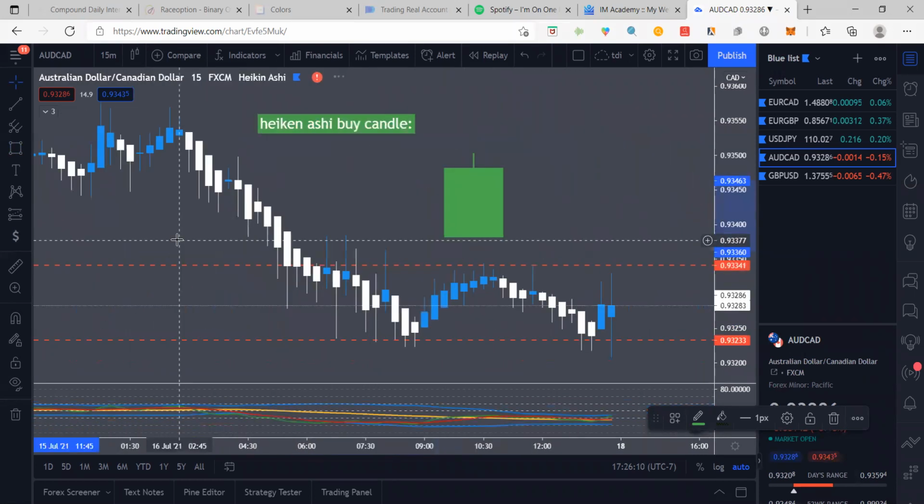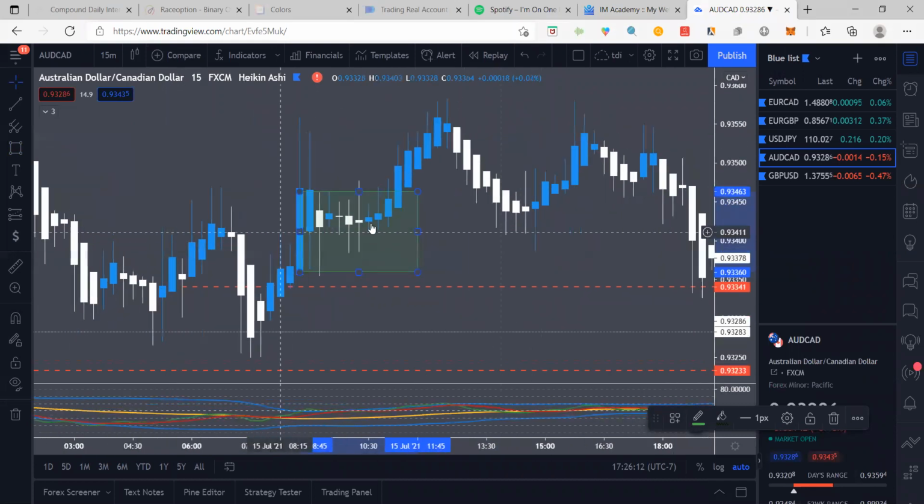Go back to Heiken Ashi. Boom. Nobody has control until right here. Now, with every candle, the difference between the open and close is that it opens in the middle of the previous candle. The next candle opens in the middle of the previous candle.